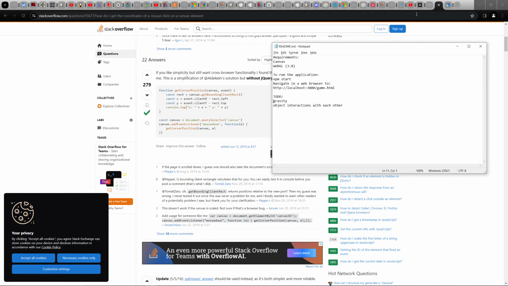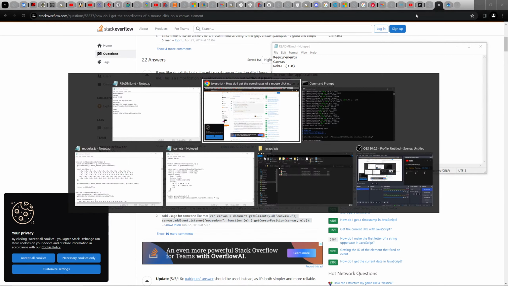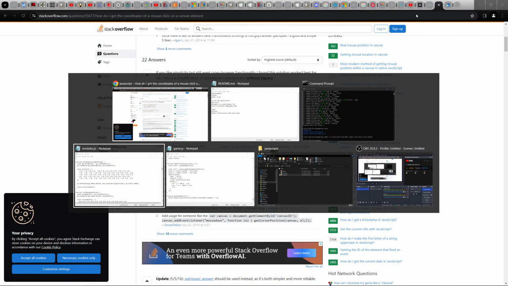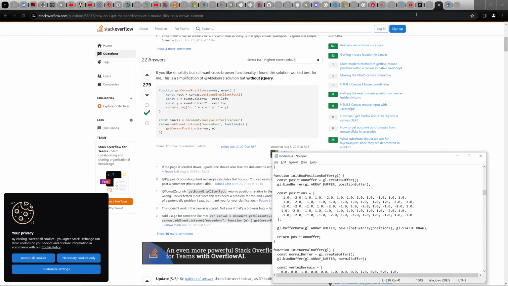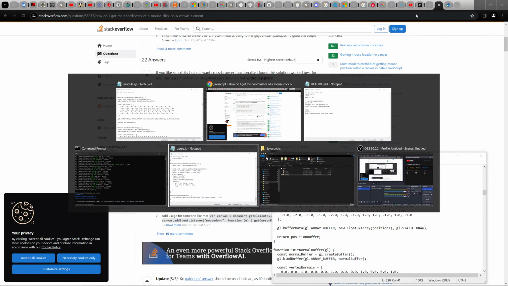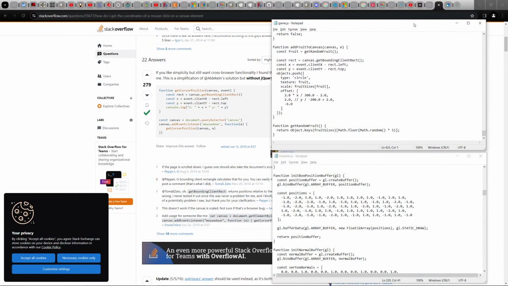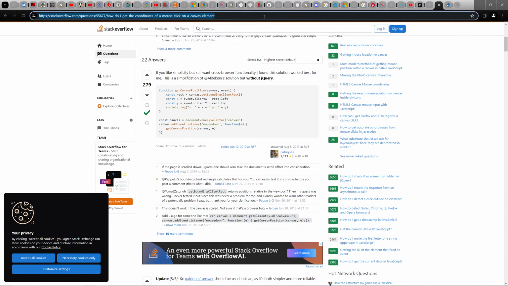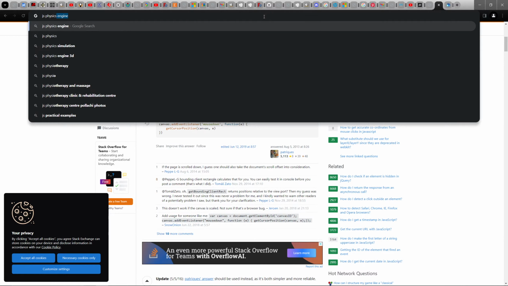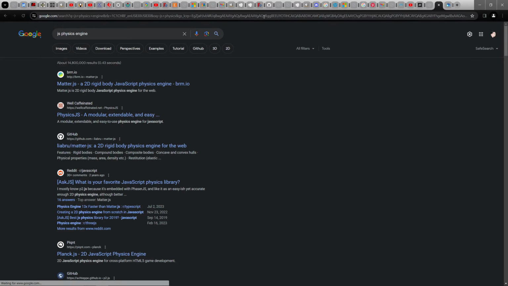So now we're pretty much done with the WebGL portion of this code. Now moving on to the physics. For the physics part, it's really just all about math calculations, calculating where an object is at any time based on the forces that are applied to it. And I have no idea how to do this, so it'll be a whole new start. JS physics engine. How's that?